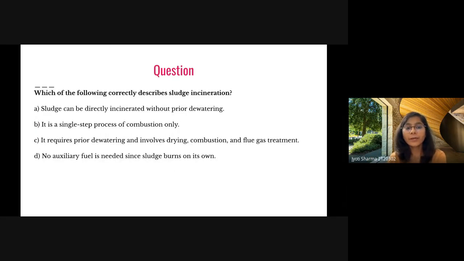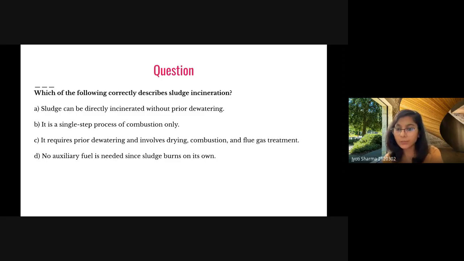Which of the following correctly describes sludge incineration? I think you can tell me. This is very easy. Sludge can be directly incinerated without prior dewatering. It is a single step process of combustion only. It requires prior dewatering and involves drying, combustion, and flue gas treatment. No auxiliary fuel is needed since sludge burns on its own.